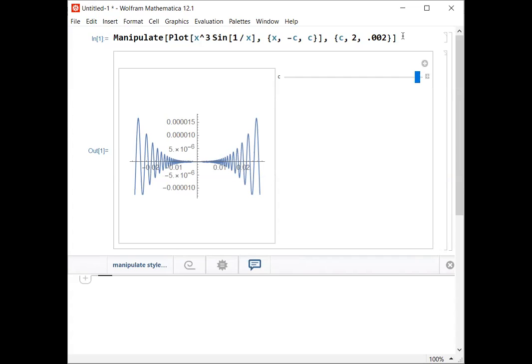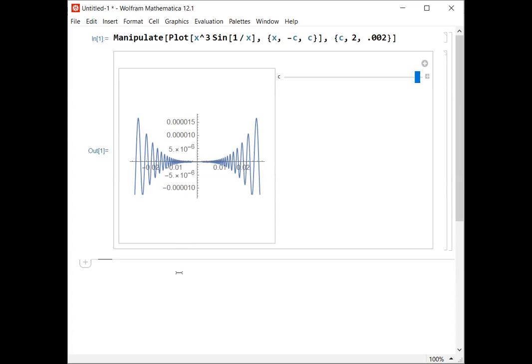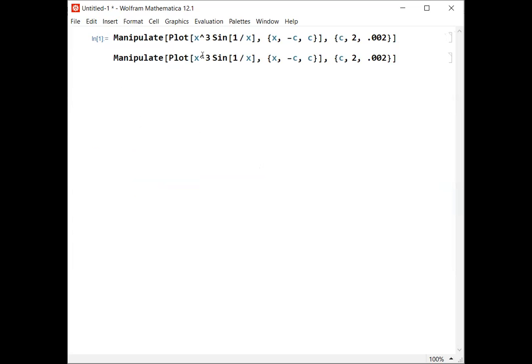So we can plot the derivative. It was going to be 3x squared sine of 1 over x minus x sine of 1 over x.